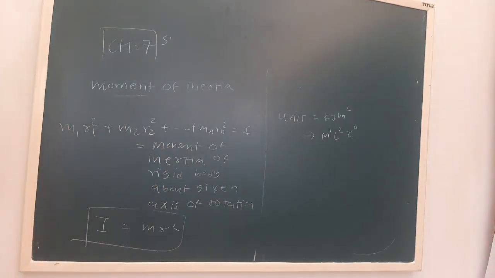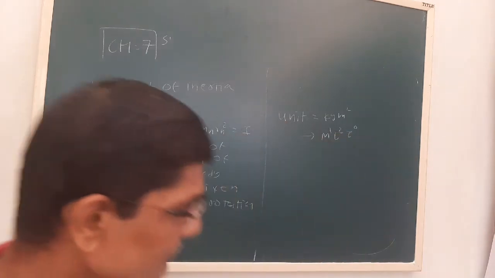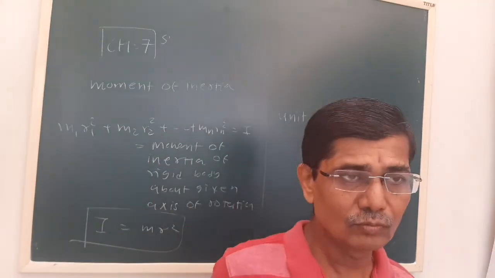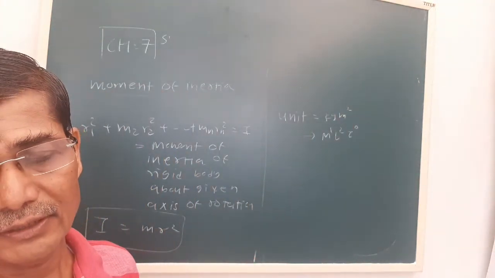Now see an important thing: the same body can have more than one value of moment of inertia. Why?